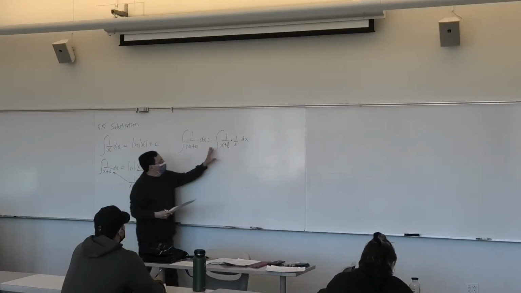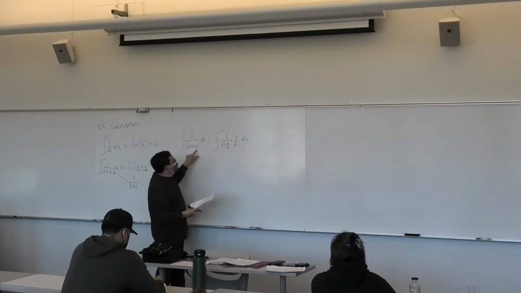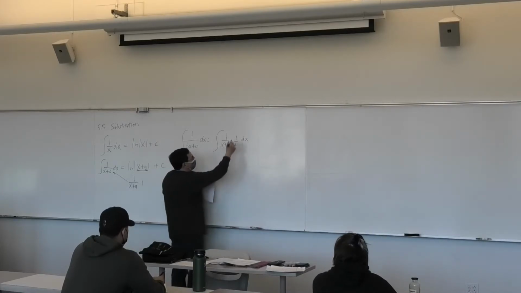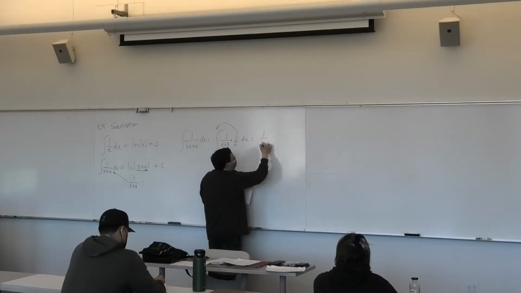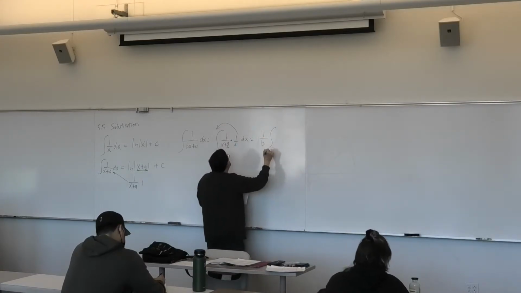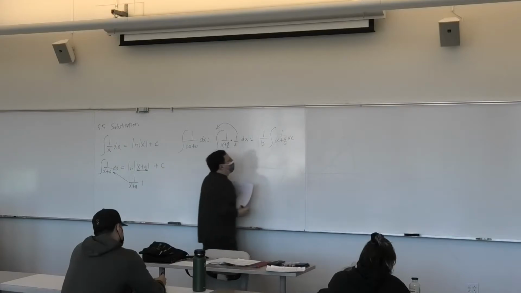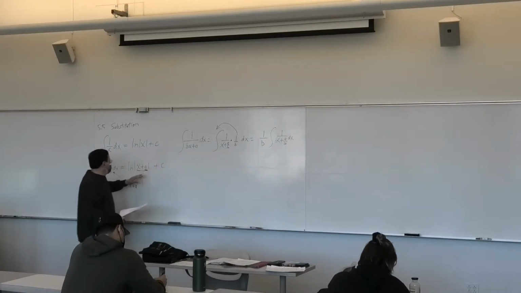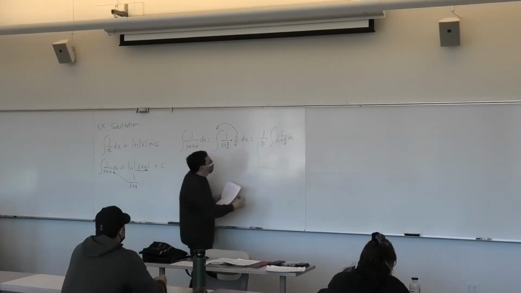If I multiply these two together, I end up back at bx plus a. But I can take the 1 over b outside, right? Constants move outside, and the integral is 1 over x plus a over b. And then we can just go back here. And what do we end up with?